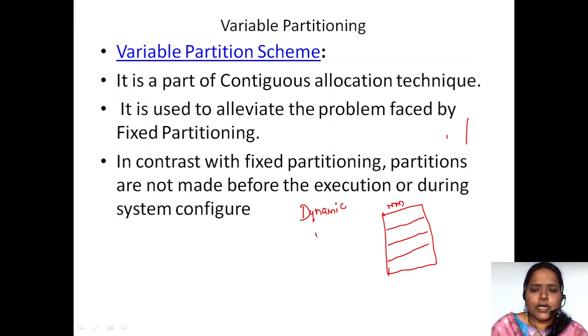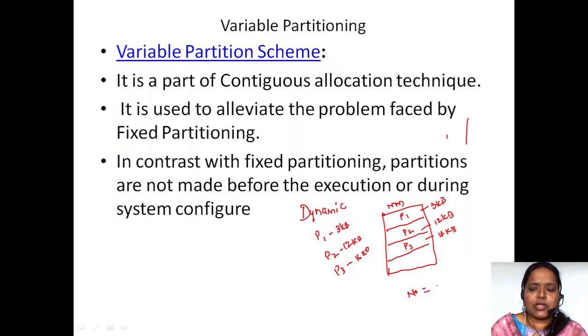Process P1 came, which requires 3 KB, so here we keep a 3 KB partition. Process P2 requires 12 KB, so here we keep process P2 with 12 KB. And process P3 came, which requires 16 KB, so here we keep process P3 with 16 KB. So here the number of processes is equal to the number of partitions.